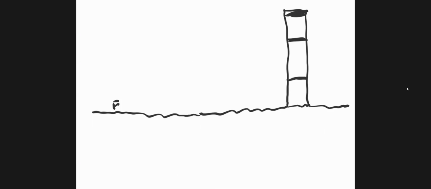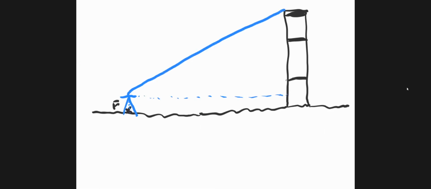So you'd be set up if your point is right here. You'd have your instrument set up over your point. And your vertical angle would begin along this horizontal line here. You turn the telescope and aim up to the tower, and then you would read your angle right off the instrument.